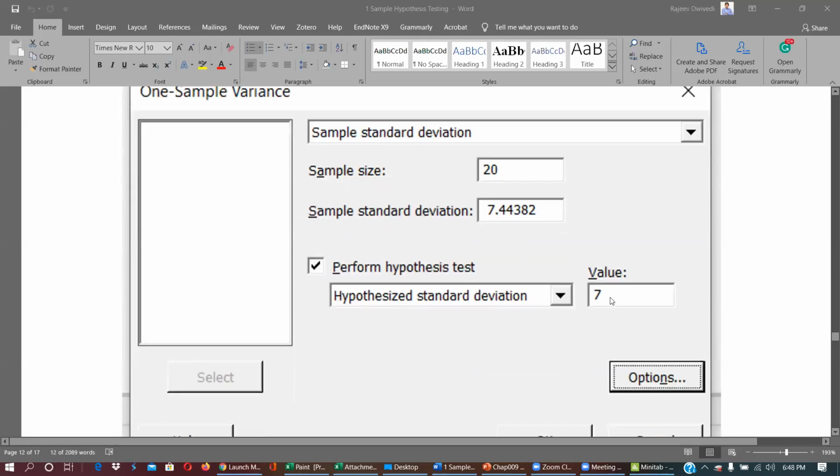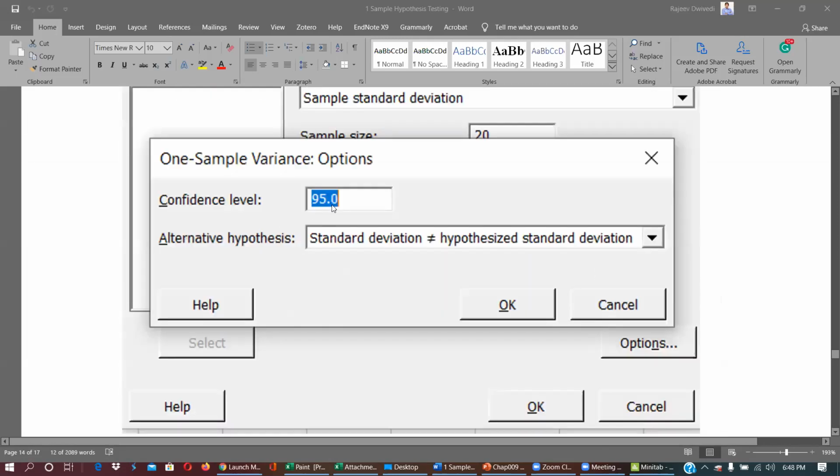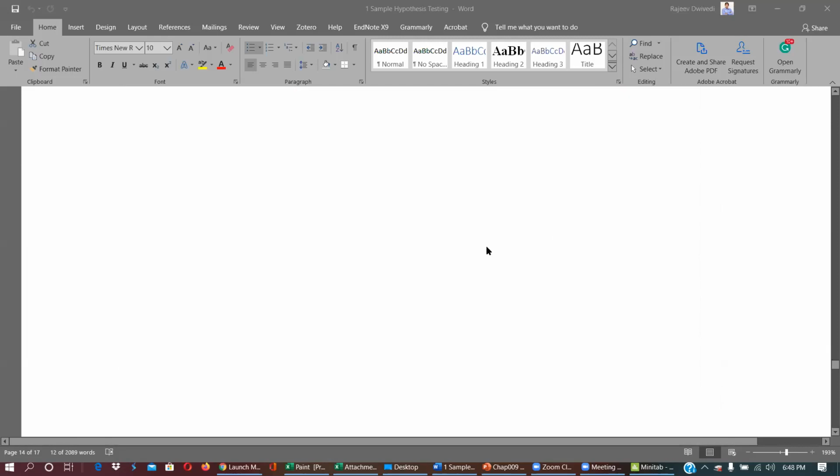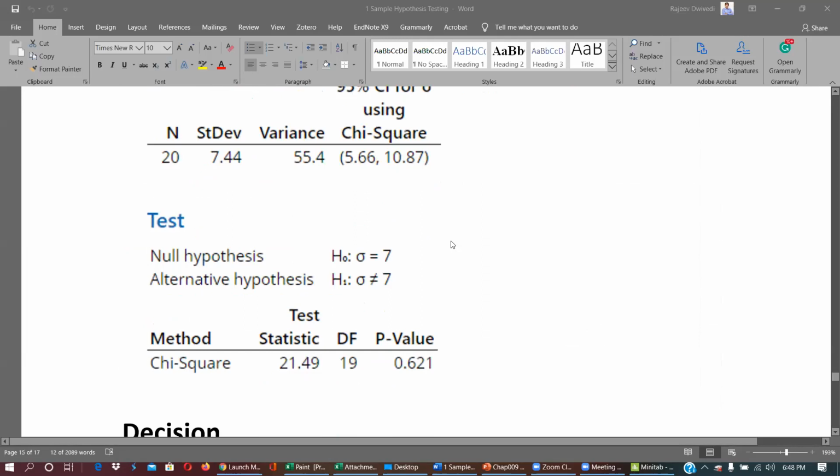Hypothesized standard deviation is 7, and again the option is 95%, not equal, and you get this value here. Now what is your interpretation?